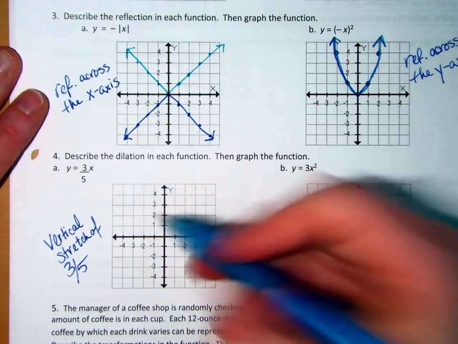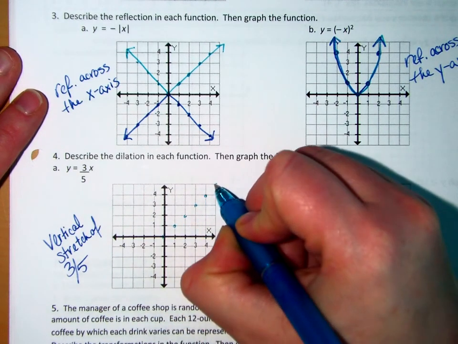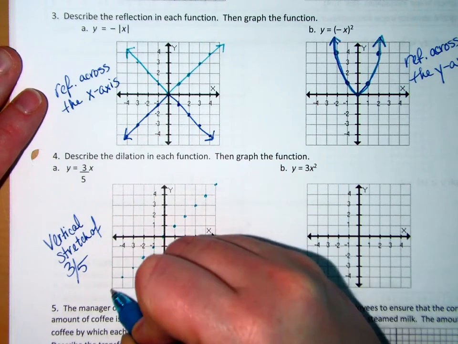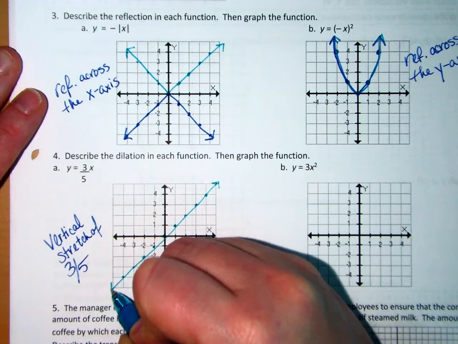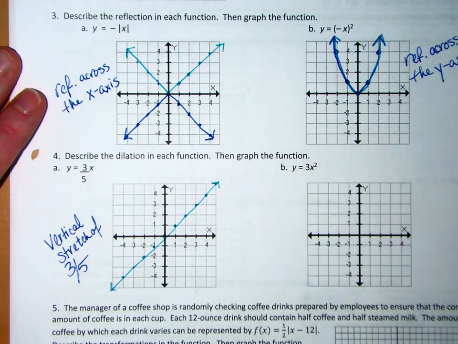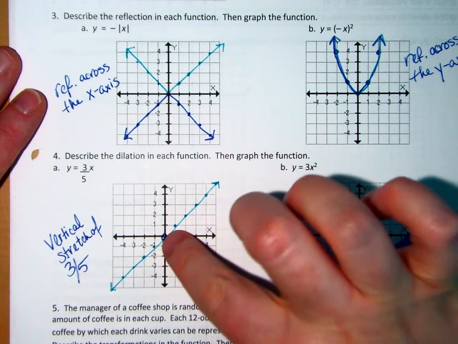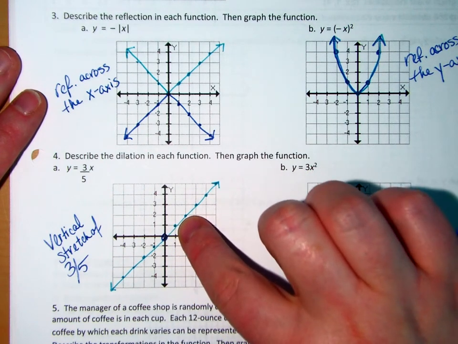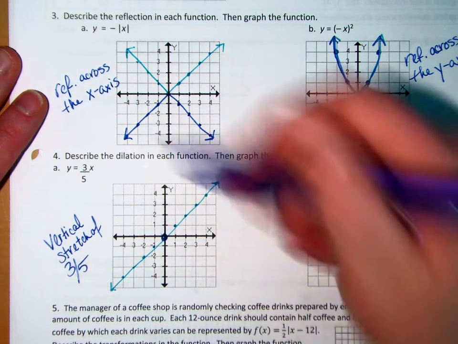The parent function is the identity function, which has a slope of 1. So my h, k is still at 0, 0, but instead of going up 1 to the right 1, I'm going to go up 3 and to the right 5.